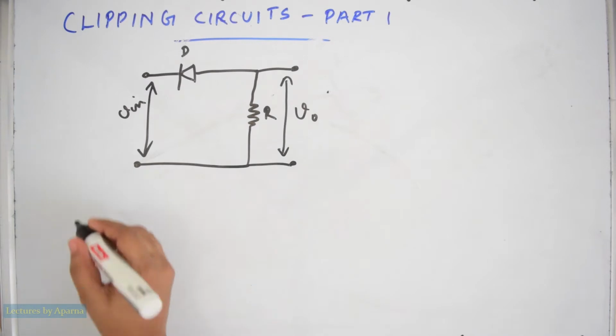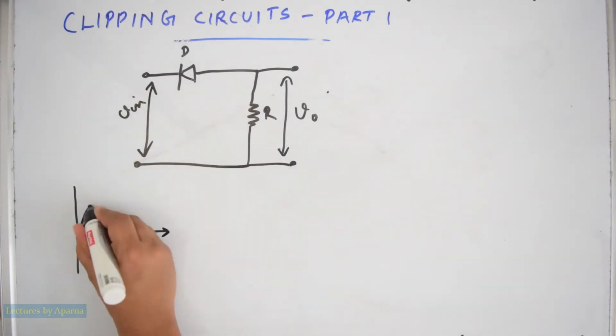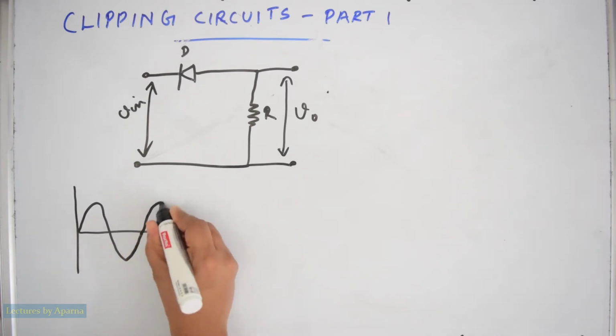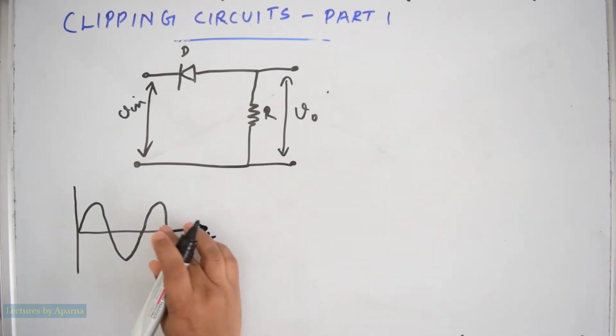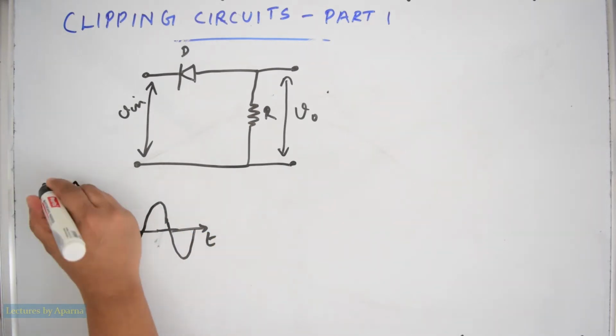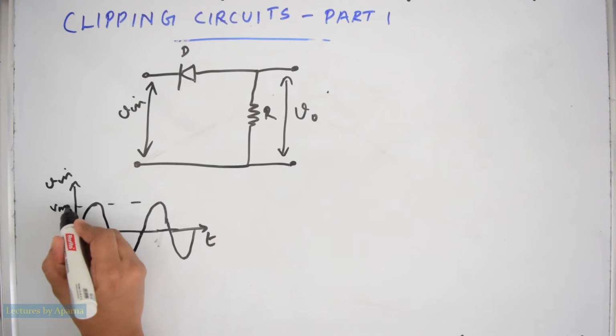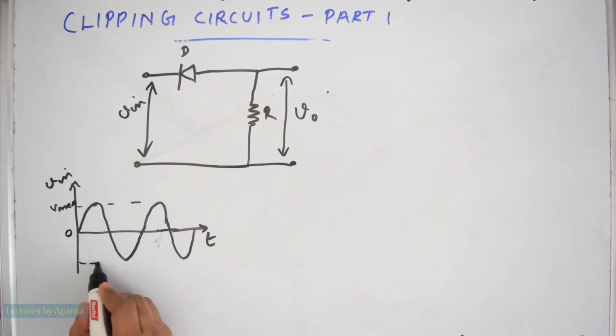Now let's consider an input wave coming to this circuit. This is the input wave Vin. This is Vmax and this is minus Vmax.